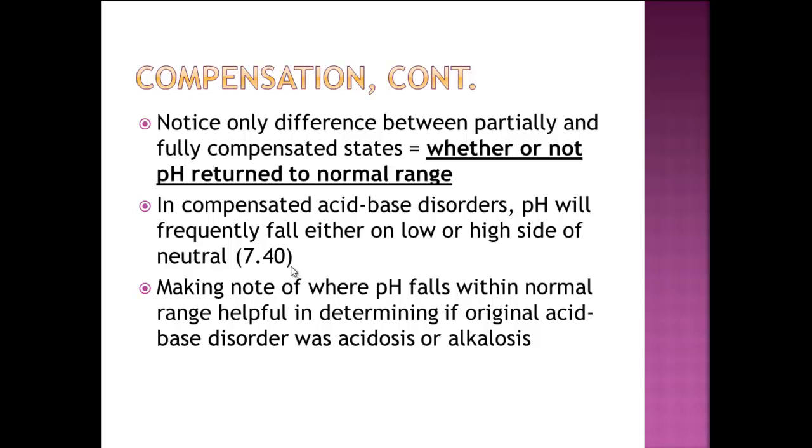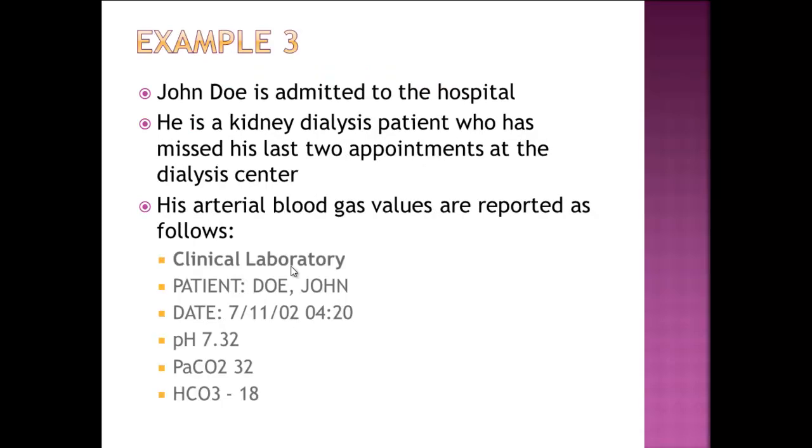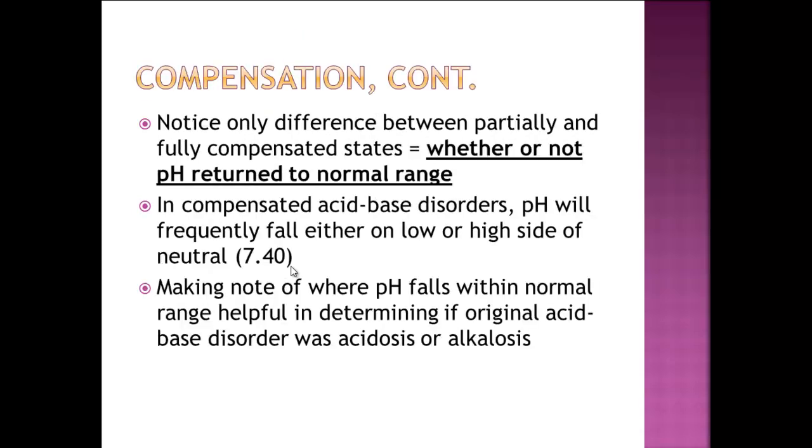Where the pH fell in relationship to that 7.4 helps you tell if the original problem was acidosis or alkalosis. And then from there, you can determine whether it was respiratory or metabolic by seeing what the respiratory and/or bicarb levels are doing, okay?